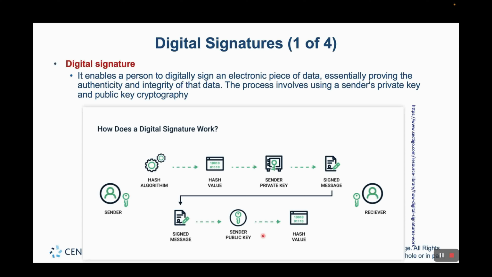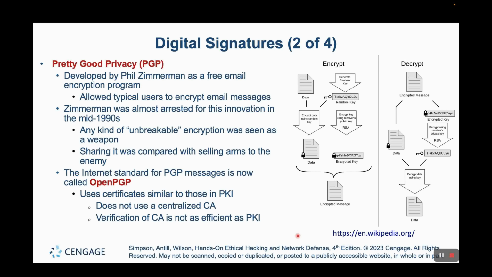The receiver's computer then calculates the hash of the original file and compares the hash it has computed with the now decrypted hash of the sender's file. If there's no change, this means everything is fine. A slight change means it's not okay. Something happened on the way to the receiver.